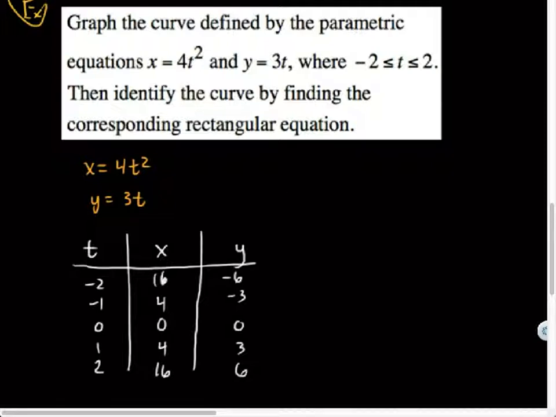let's see, what sort of grid am I looking at? I'm going to go at least as far as 16 on the x-axis and as low as -6 and as high as 6 on the y-axis. It looks like on the x it only goes as far as 0 to the left.